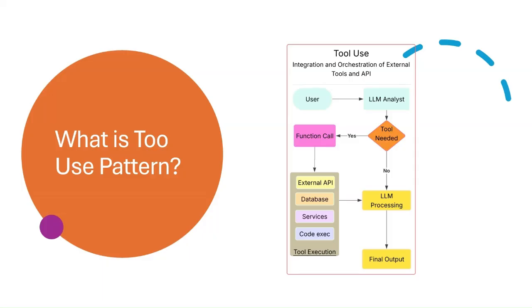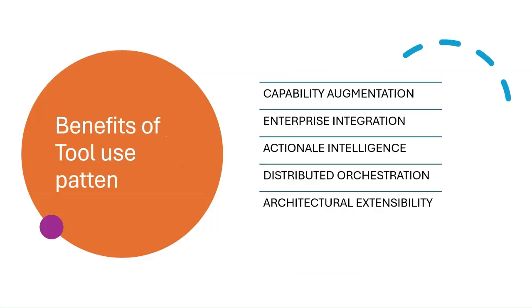All right. Now, the benefits of the tool use pattern. First is capability augmentation. A standalone LLM is limited to the knowledge it was trained on. The tool use pattern extends those capabilities by allowing the agent to access external systems, services, and specialized functions. This enables the agent to retrieve current information, perform complex operations, and solve problems that would otherwise be beyond its native capabilities.